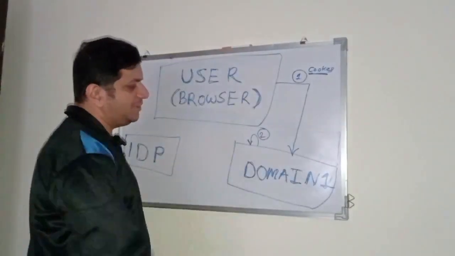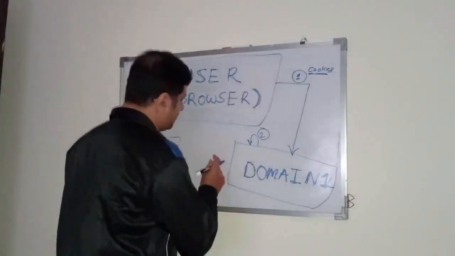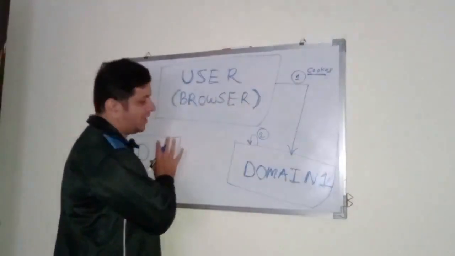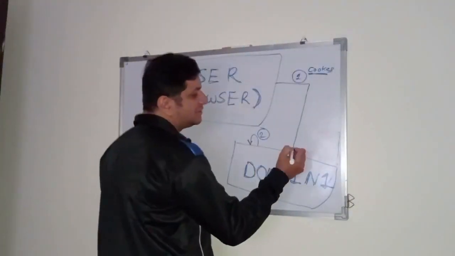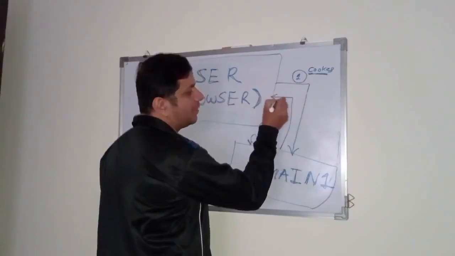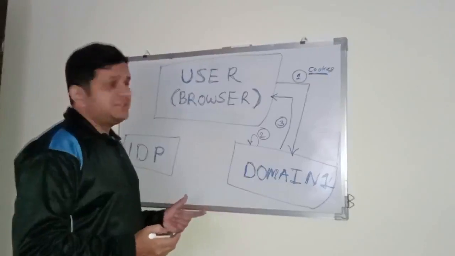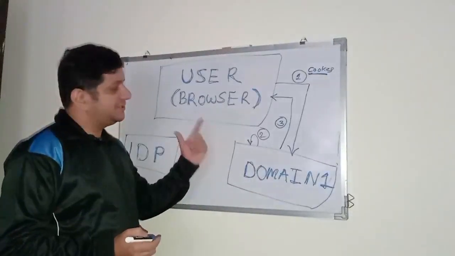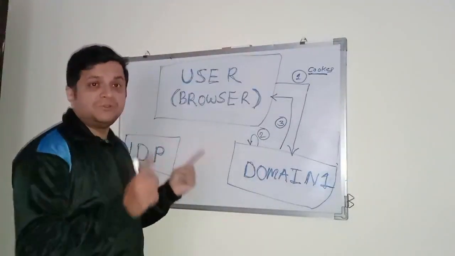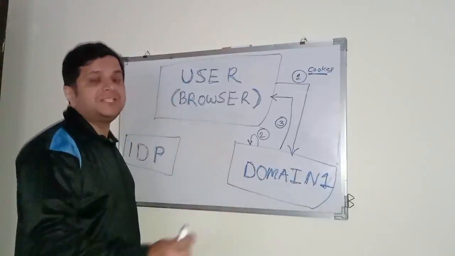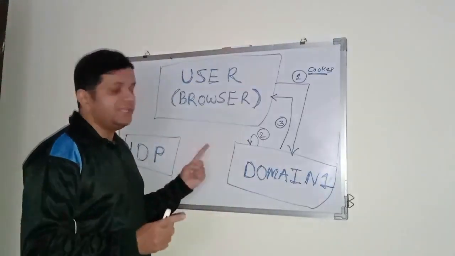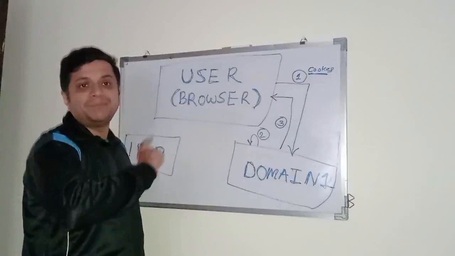So we have outsourced it to the IDP, and now we need to get that from the IDP. What domain 1 does here is it already knows about the IDP. So it returns a response to the browser, which is step number 3, saying that you are not authenticated, and this is the redirect URL. That redirect URL is a URL to the IDP login page.